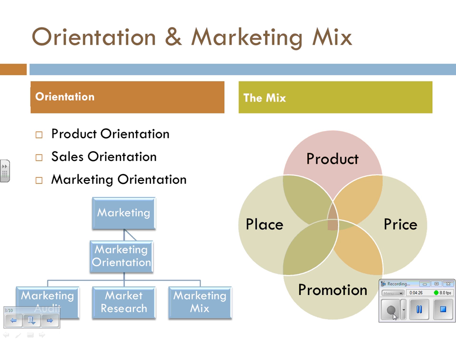The marketing orientation is the halfway house. That's what most businesses aspire to. So looking at where you are as a company, doing some market research, applying your product, price, promotion and place, your marketing mix, applying those 3 things enables you to be marketing orientated, and then gives you the best chance really of selling your product.